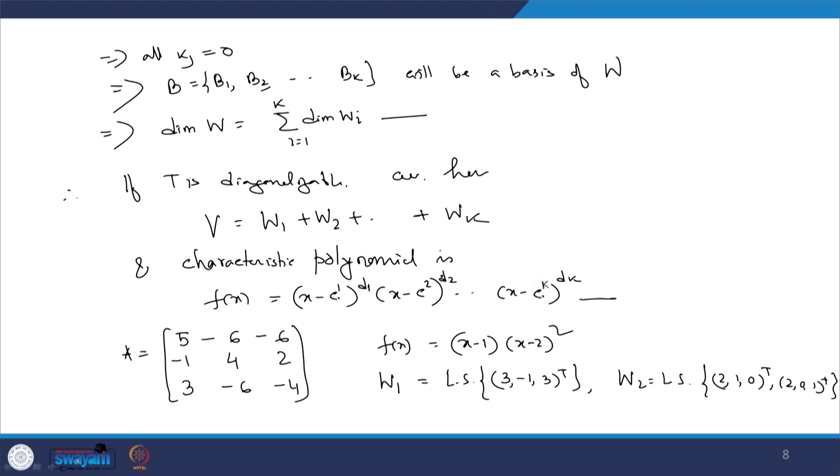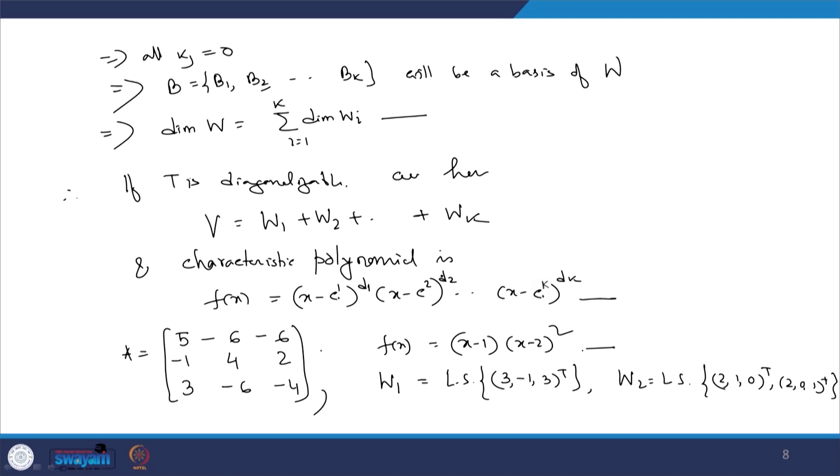If we recall our last example where A equal to the matrix 5, minus 6, minus 6; minus 1, 4, 2; 3, minus 6, minus 4, the characteristic polynomial is f of x equal to (x minus 1) into (x minus 2) whole square, so we have two distinct eigenvalues, 1 and 2.